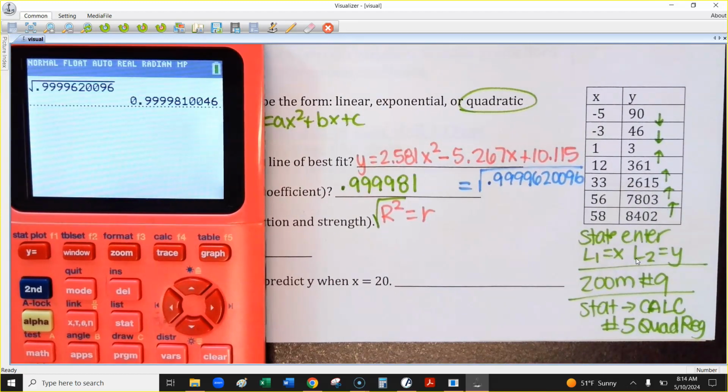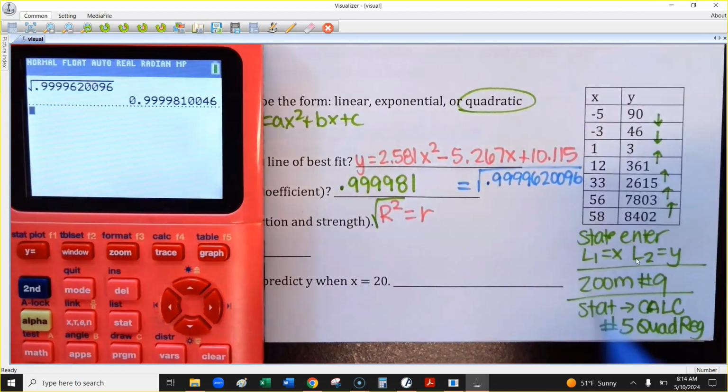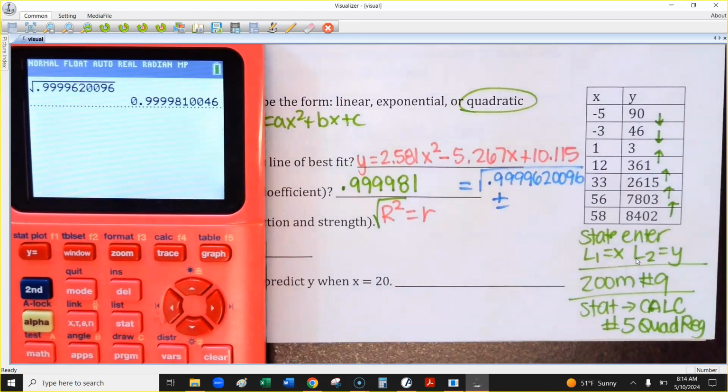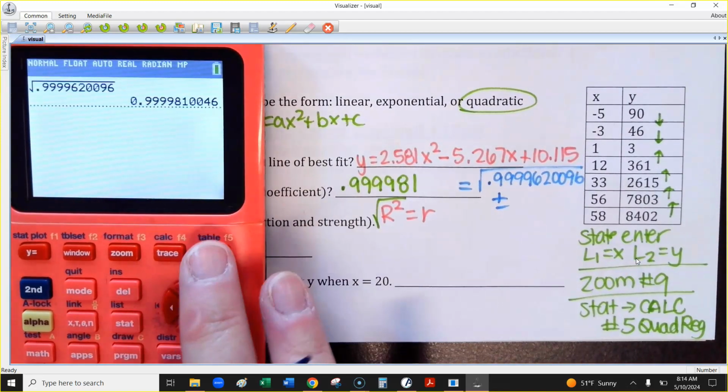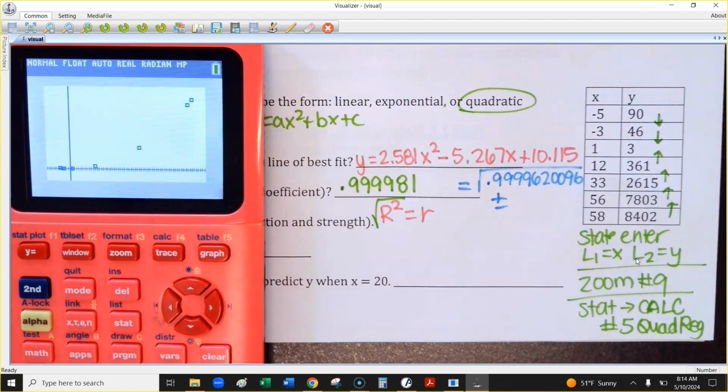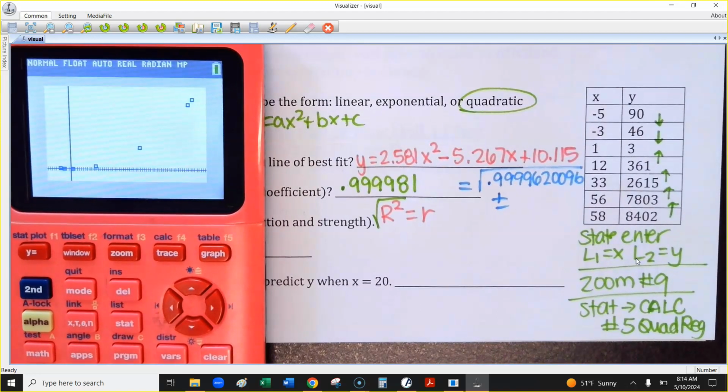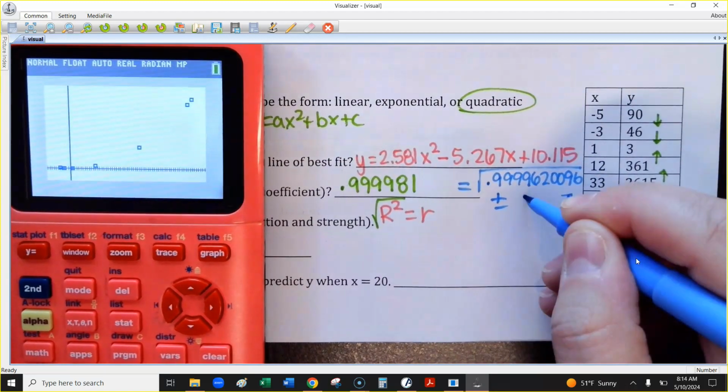Now, the other thing you have to remember, when you take a square root, we could do plus or minus, right? So let me go back. I'm just going to go to that zoom 9 real quick to look at the graph. Would this parabola be right side up or upside down? Right, this would be a U shape here. So we're going to go with the plus.